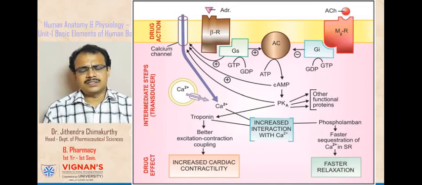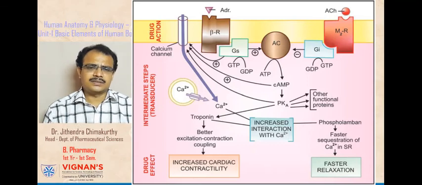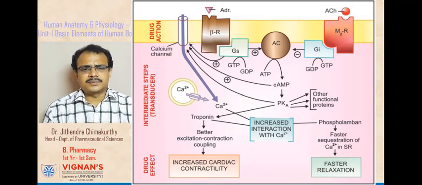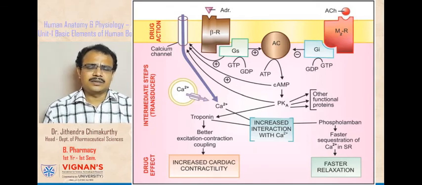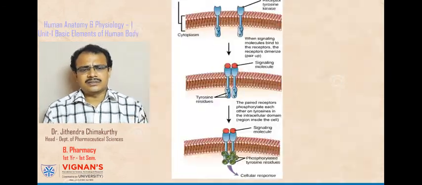And once this alpha subunit has transferred the signal within the cell, this is once again hydrolyzed into GTP, and this GTP alpha subunit once again combines with the beta and gamma subunits, and this once again binds to the intracellular site and is ready for activation.